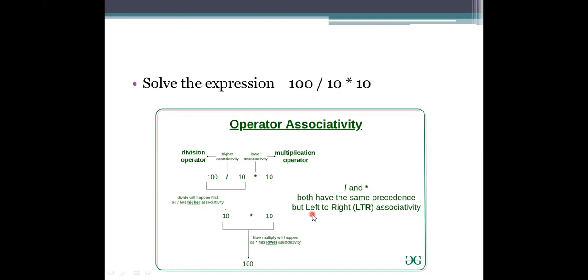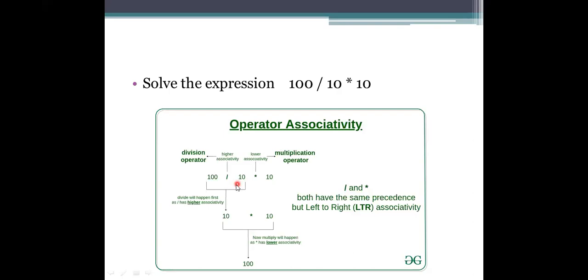The associativity order is LTR, left to right, and from left to right it is increasing in associativity. So compared with the multiplication operator, the division operator has the higher associativity.